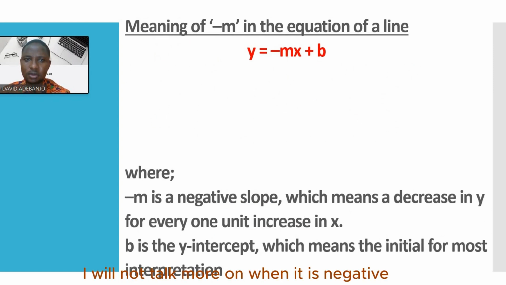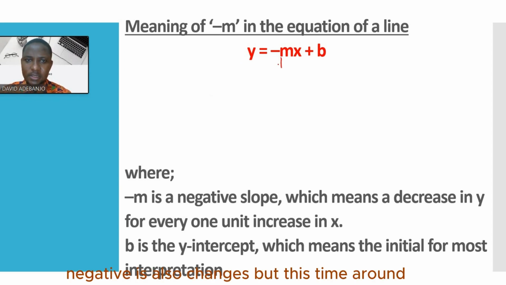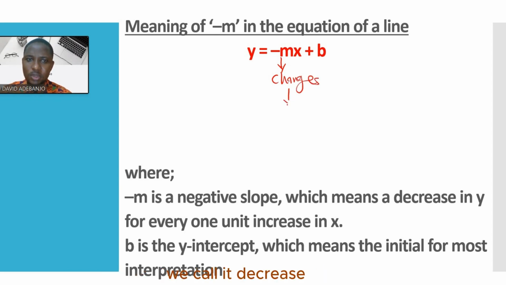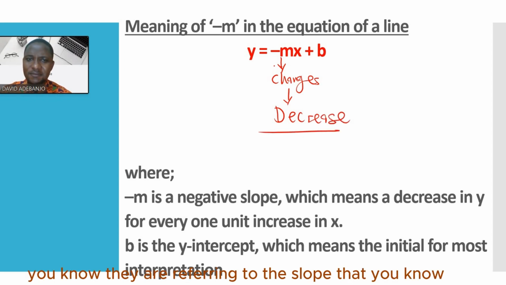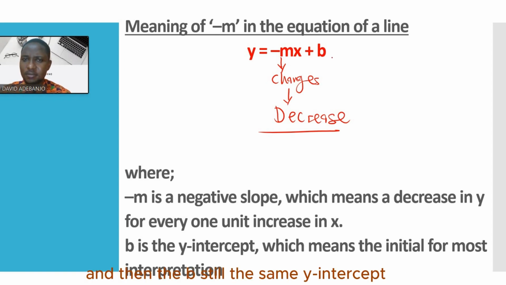I won't talk more on when it is negative. Negative is also changes. This time around, we call it a decrease. So when you see the word decrease, you know they are referring to the slope that you know before now, and then the b is still the same y-intercept.